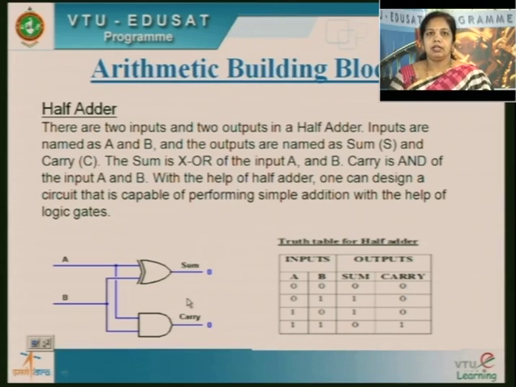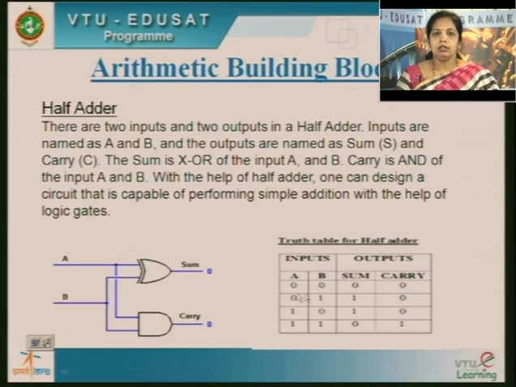After adding we get sum as well as carry. It's a binary addition that we are doing. One output is sum, which we get when we add 2 digits. Then if there is a carry, that particular bit is 1.